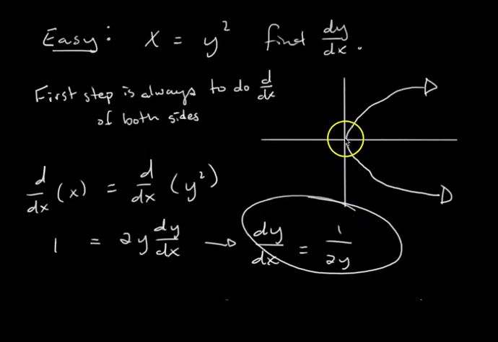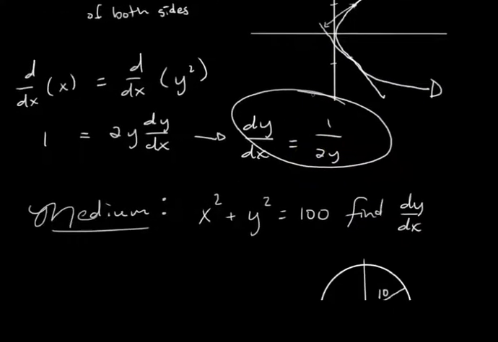If you plug in a positive y value, like y equals 1, you get a positive slope, which makes sense because it's 1 over 2 times a positive number. And if I plug in a negative value for y, I get a negative slope, because it's 1 over 2 times a negative. All right, let's move on to the next problem.